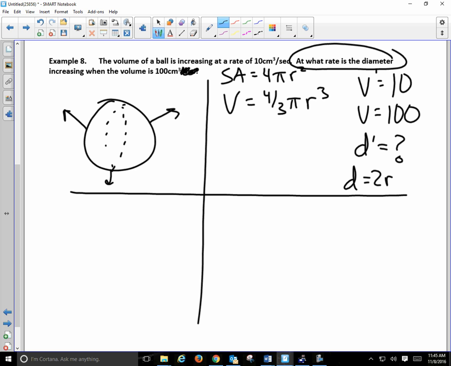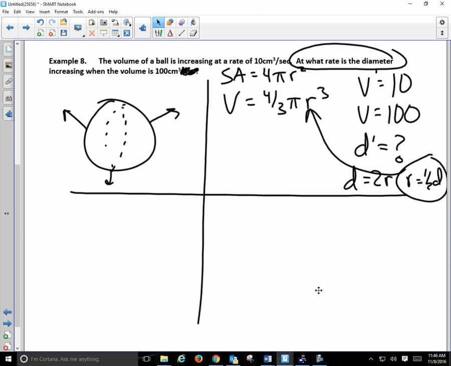Or in other words, r is equal to 1/2 the diameter. So we've always written volume of a sphere based off the radius. Let's write it so the volume of a sphere is based off the diameter. So volume is equal to 4/3 pi times 1/2 d cubed.